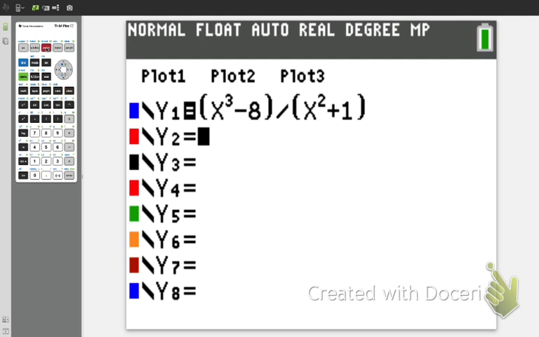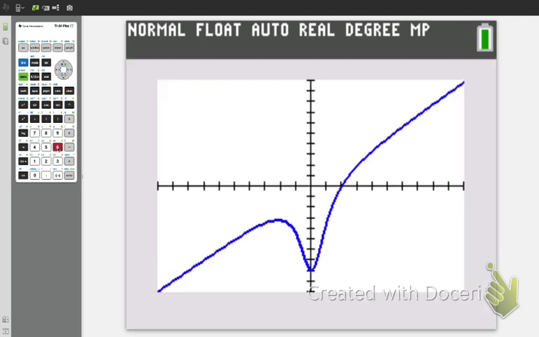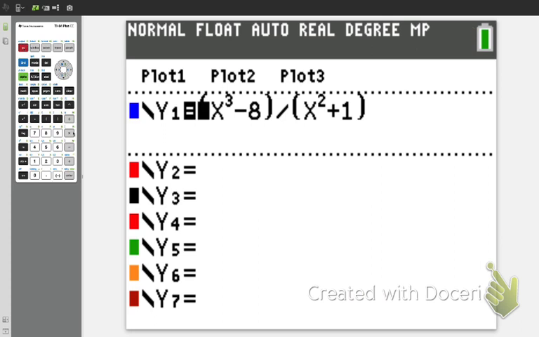Okay, I'm going to zoom 6 just to get me right around the origin. That's really weird, isn't it? Do you see the slant asymptote on there? Uh-huh. If you want to graph the slant asymptote, you could.